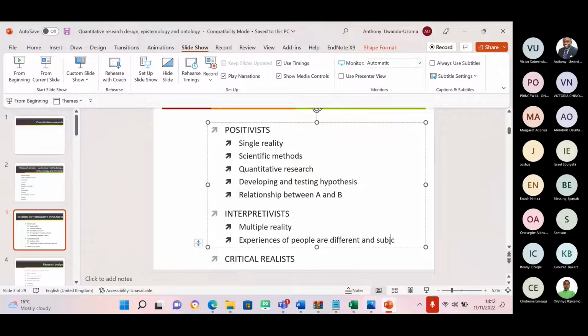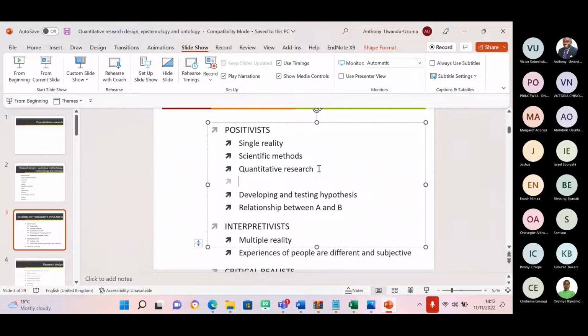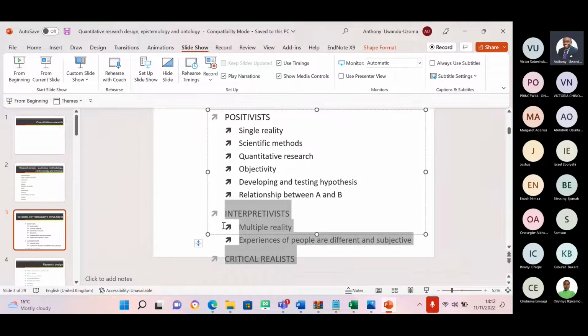Here, in positivism, they believe that human experience is objective. They believe in objectivity. That is the school of the mathematicians, numbers, all those researches where you hear about p-values. Anything that involves numbers is on the positivist side.